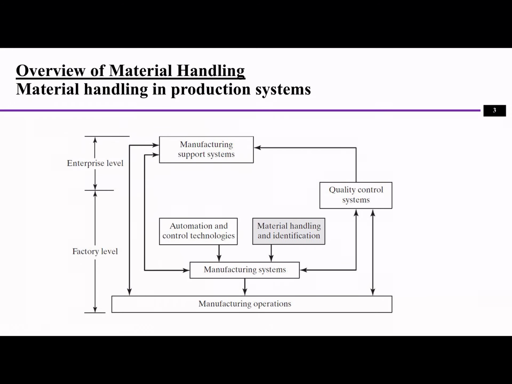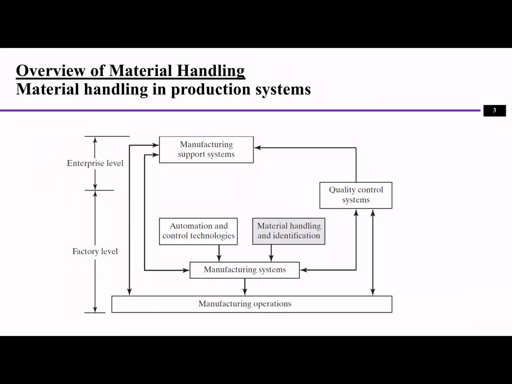Well, first, let's look at where this material handling system and also identification system is located in this whole control diagram. In the manufacturing system, we have automation and control technologies. We have manufacturing support systems and also quality control and a bunch of other functions.